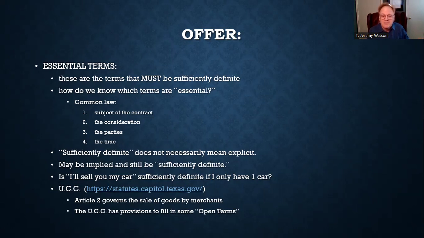That they had the meeting of the minds. The UCC recognizes, especially when you have contracts between two merchants, that the way business is done is often on kind of a trade usage or an industry standard, okay? And so the UCC has some provisions, we won't go into all of them today, to fill open terms, okay?